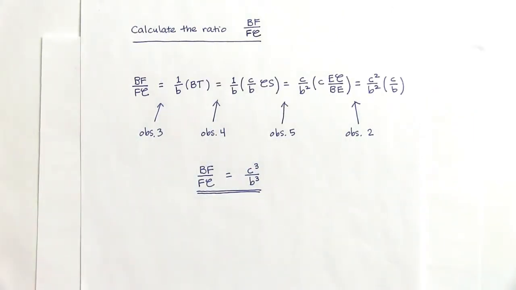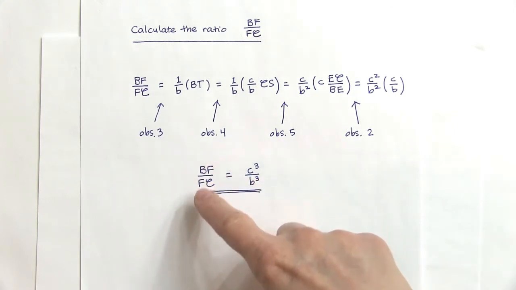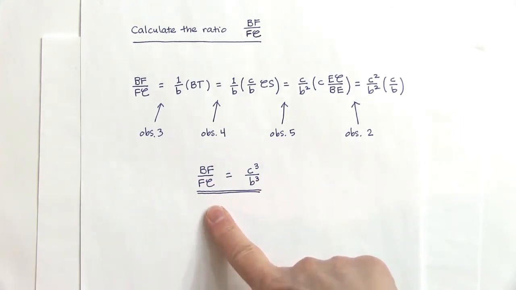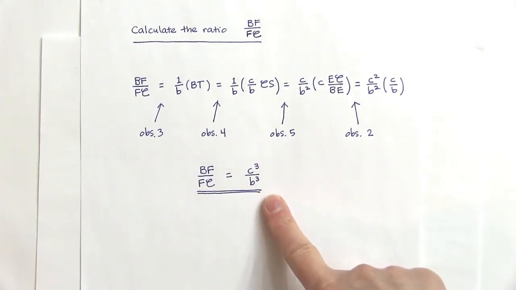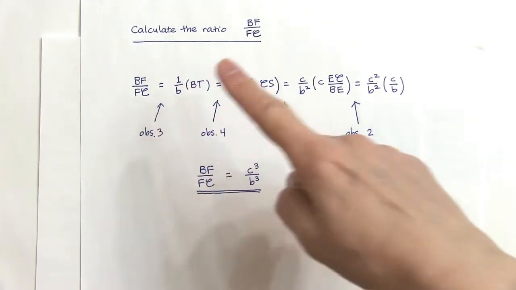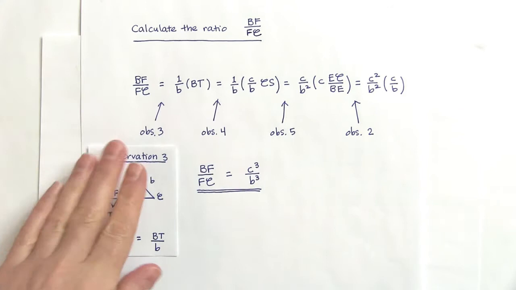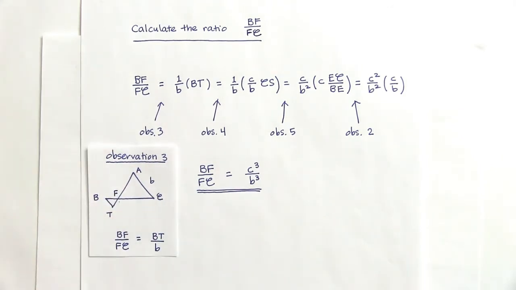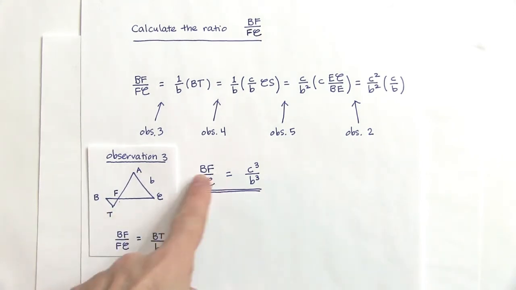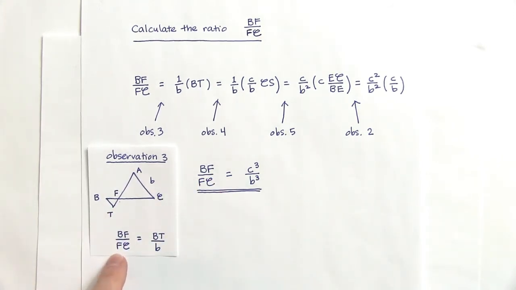So we're now ready to prove that the ratio BF over FC is C cubed over B cubed. And we do it like this. We start out with observation number 3, which, recall, came from this pair of similar triangles here. The ratio BF over FC is 1 over B times the side length BT.